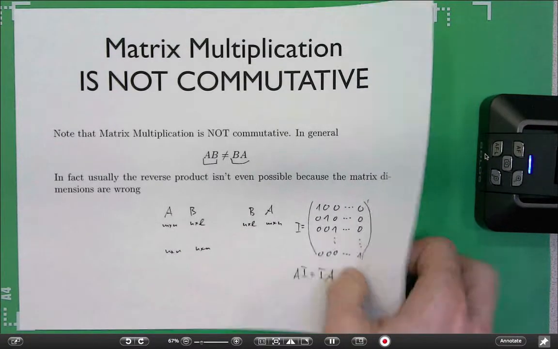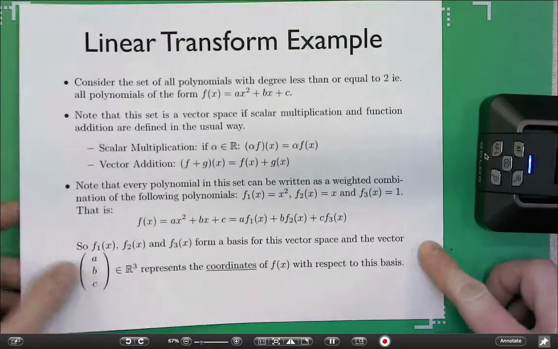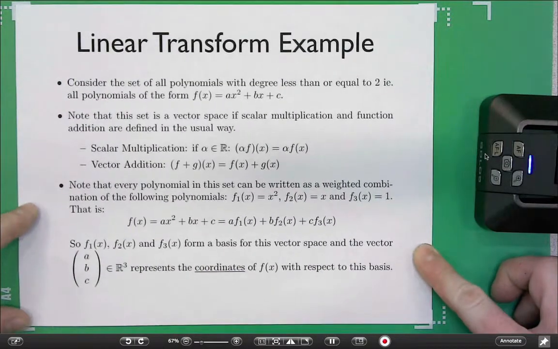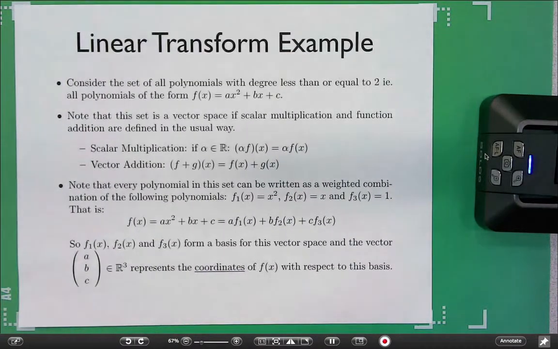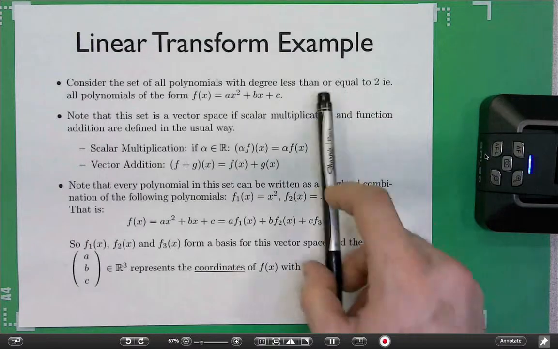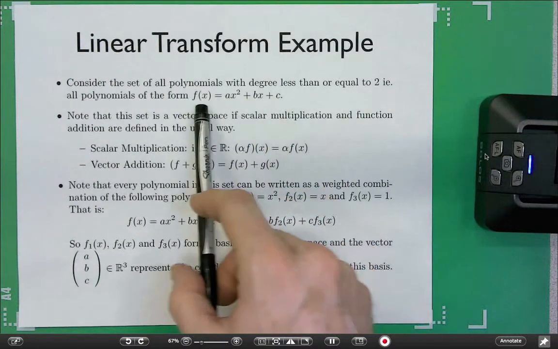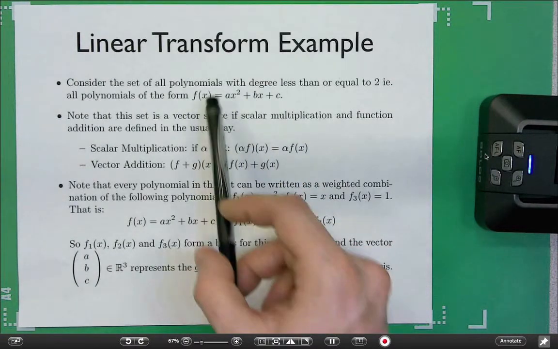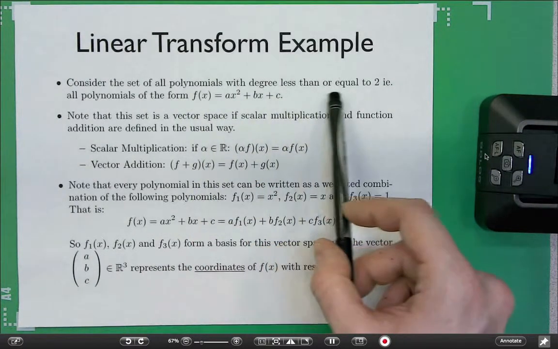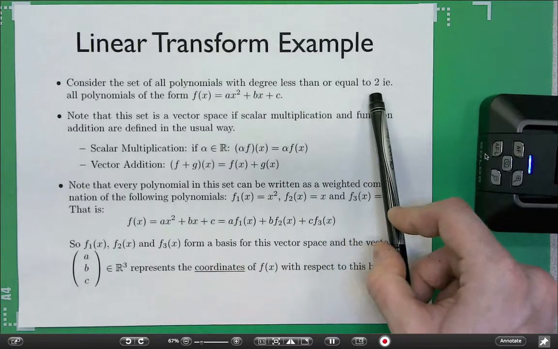So let's do one slightly more interesting example. To what all can we apply this theory of matrices and vector spaces? I told you already before that we can define a vector space on functions, right? So let's think about a special subset of functions, polynomials of degree less than or equal to 2.